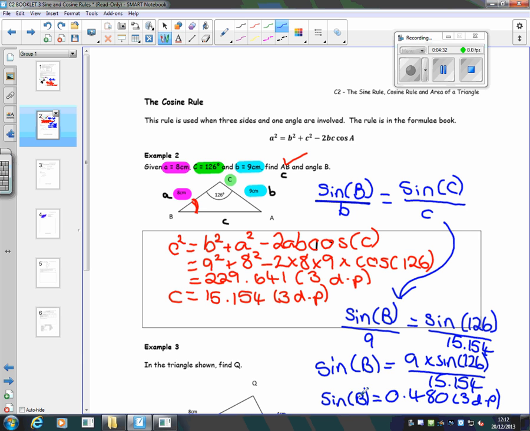So in order to find B on its own, we will have to put in inverse sine of 0.480, and this will give us our capital B. So putting that into your calculator, making sure it's set in degrees again, will give us capital B is equal to 28.717 degrees.